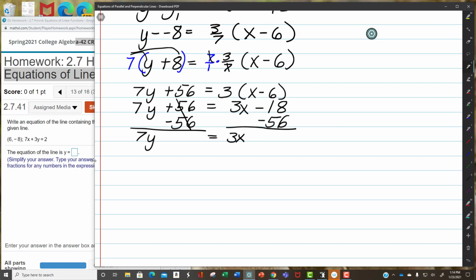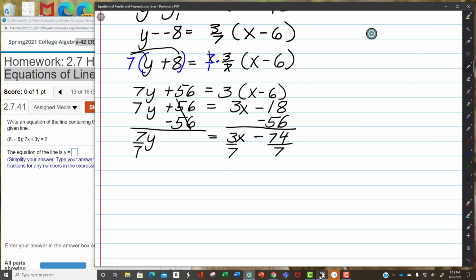It's like taking away 18 and then taking away 56 more of whatever. You add the two numbers together and then put a negative sign in front, making sure that's right. All right, and divide by 7, divide by 7, divide by 7.